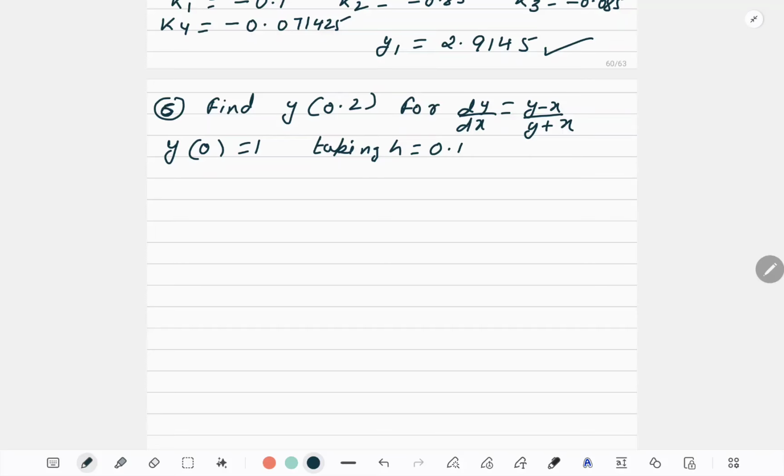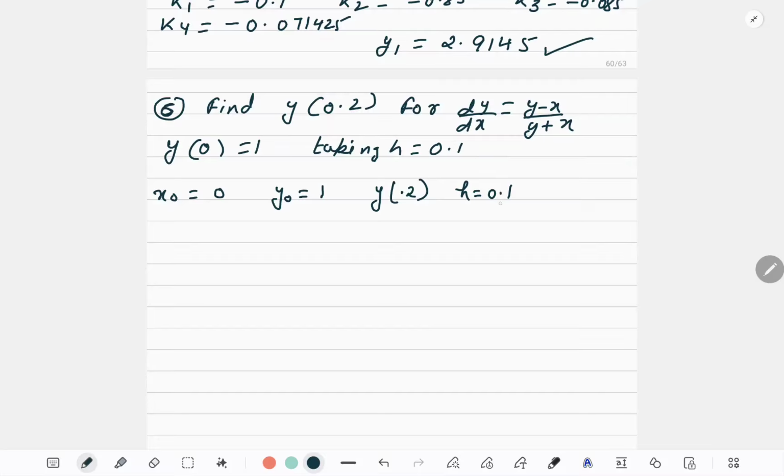Now look at this question. Here x0 is equal to 0, y0 is equal to 1. You have to find out the value at 0.2 and h is 0.1, which means the question is of two stages.